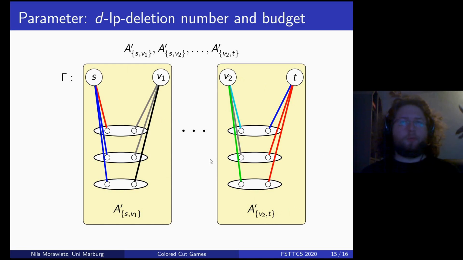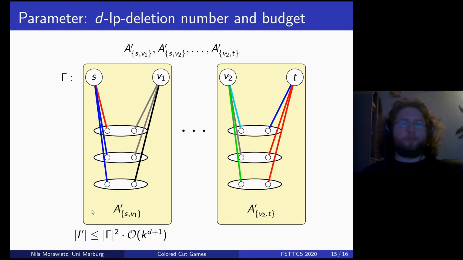In our paper, we showed that this new instance is equivalent to the original instance. So the defender has a winning strategy in this instance if and only if he had a winning strategy in the original instance. The only thing remaining is to show the size bound of the kernel.